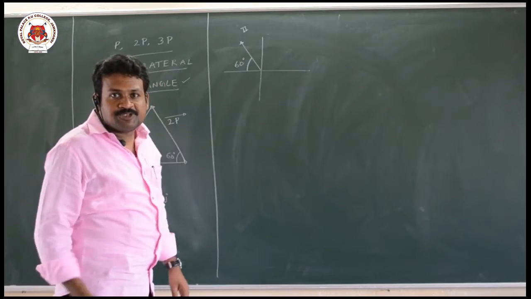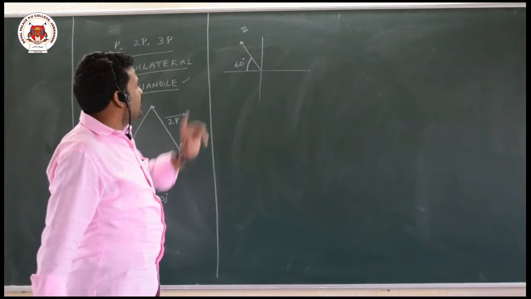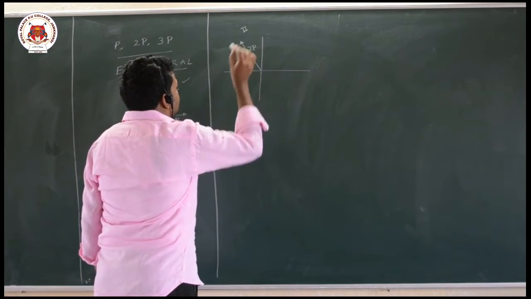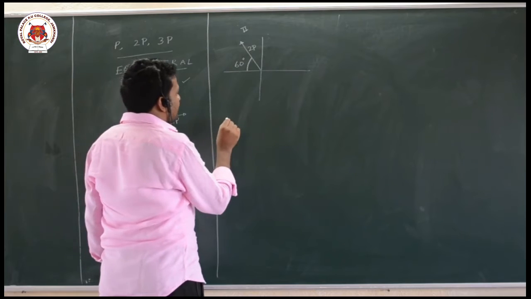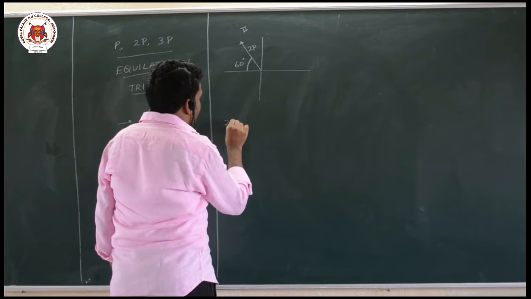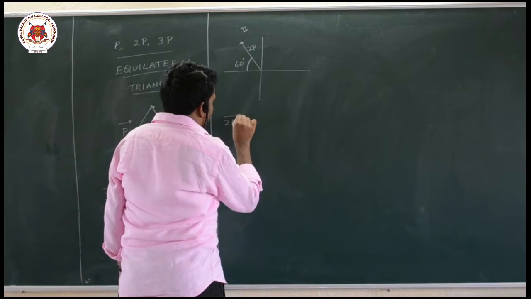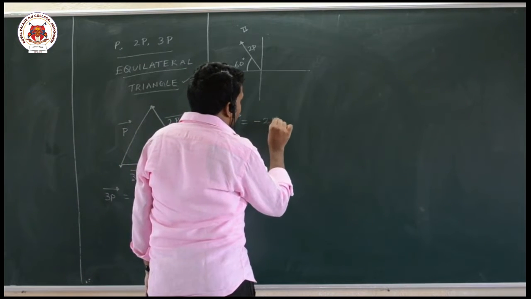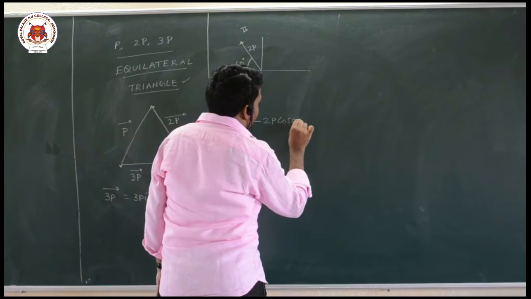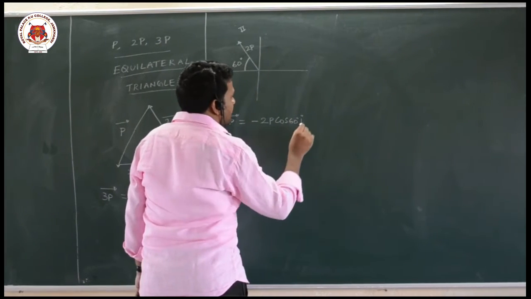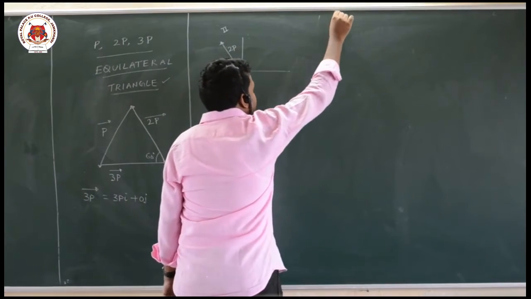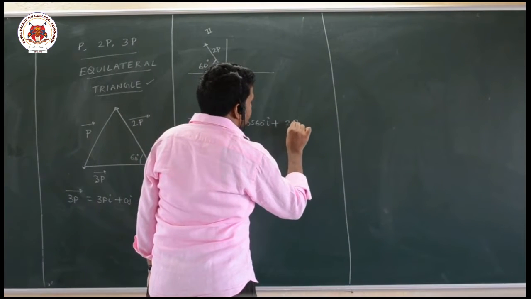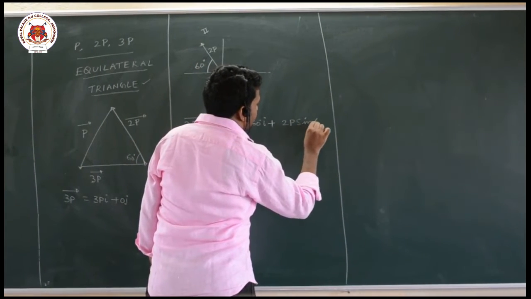By using resolution of vectors, this 2p I am writing in vector notation. I am going to resolve this vector, and I will get minus 2p cos 60 i cap plus 2p sin 60 j cap.